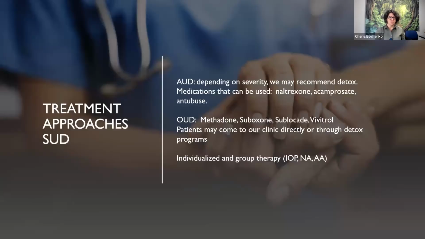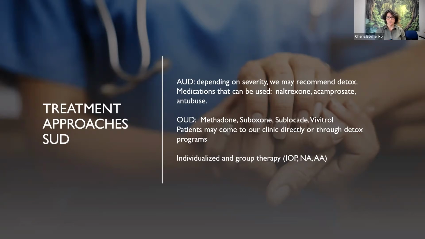So some treatment approaches for addiction. For alcohol, depending upon the severity, we might, of course, recommend detox, because people can actually die from alcohol and benzo withdrawal if they're detoxing at home. Some medications commonly used: naltrexone, acamprosate, Antabuse.